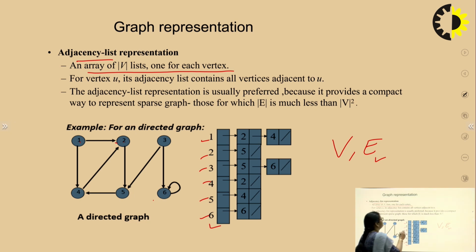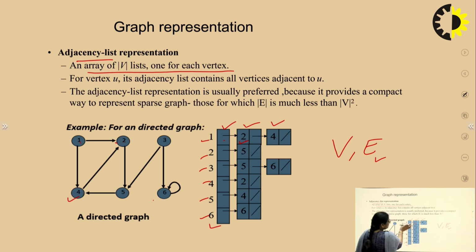So for 1, we have to maintain a list which will contain the adjacent vertices. 2 is adjacent to 1, so in 1's list I will make space for 2. I'll make a linked list in which I'll store its adjacent vertices. Now I checked all the others and found one more adjacent, that is 4.